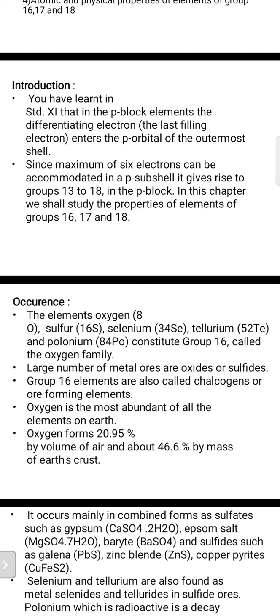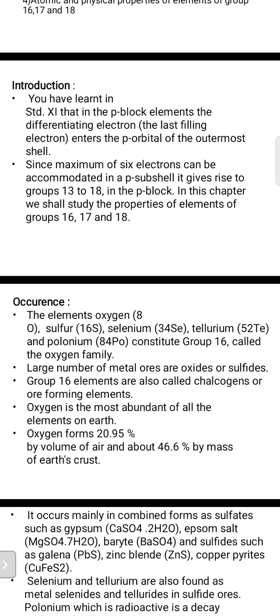They belong to group 16. That's why at the top of this group 16, the first element is oxygen. Selenium, tellurium, and polonium are placed under the oxygen family of group 16.